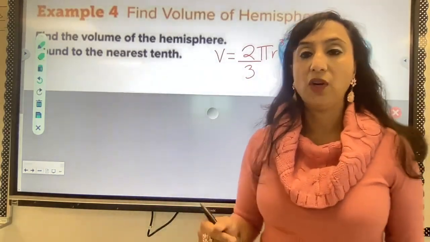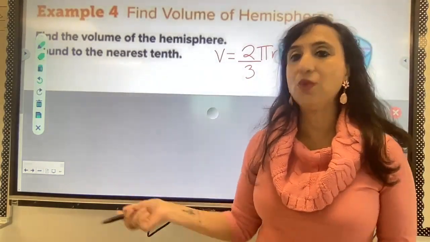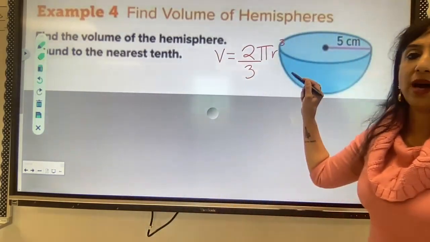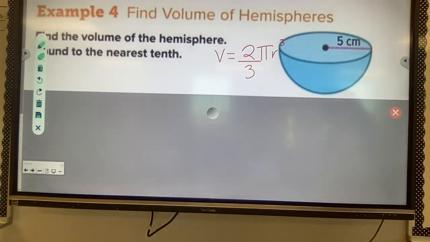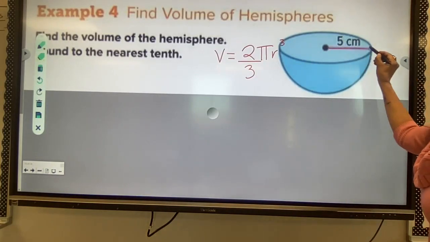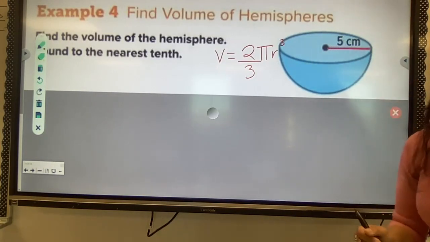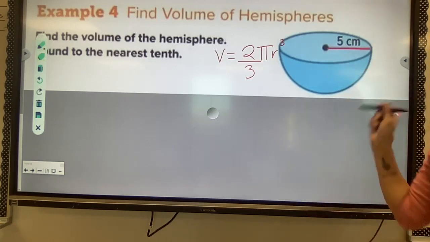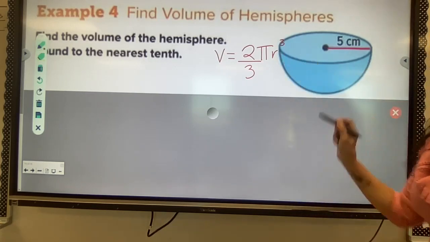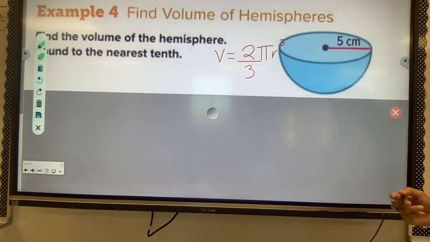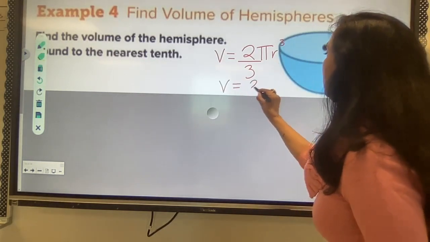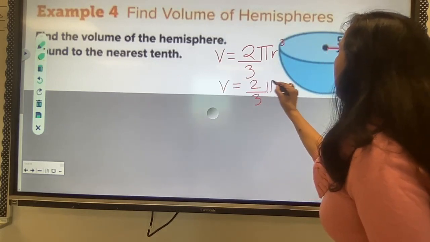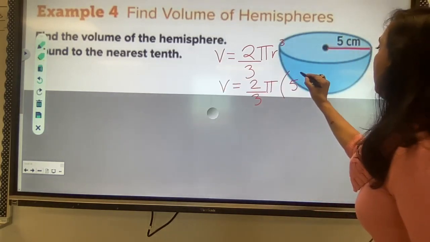If the volume of a sphere is 4/3 pi r cubed, half of that would be 2/3 pi r cubed. We already know the radius is 5, so I'm going to replace the r with 5. So volume is equal to 2/3 pi times 5 cubed.